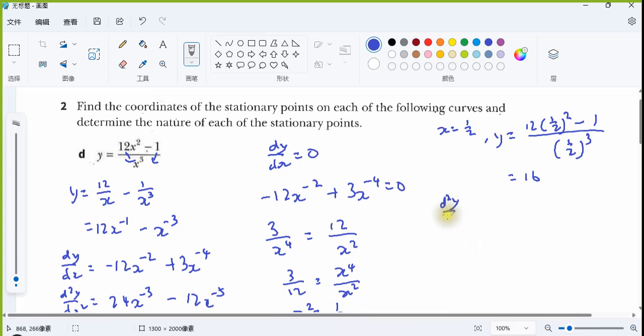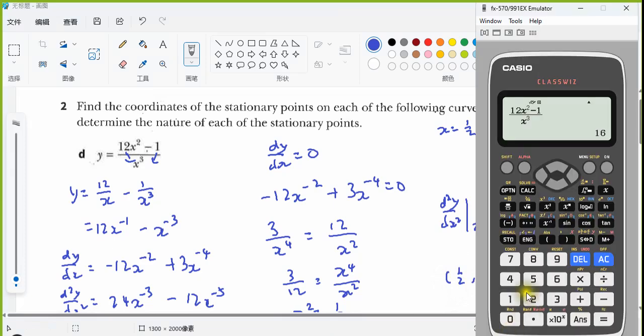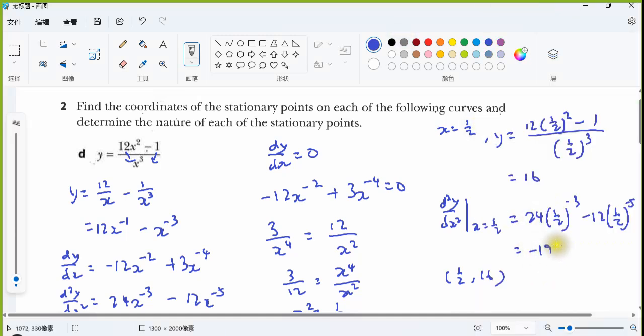And then the second derivative when x equal to 1/2, we will have 24 times (1/2) to the power negative 3 minus 12 times (1/2) to the power negative 5. Substitute with 1/2, then we will have negative 192, less than 0, maximum. So (1/2, 16) is the maximum point.